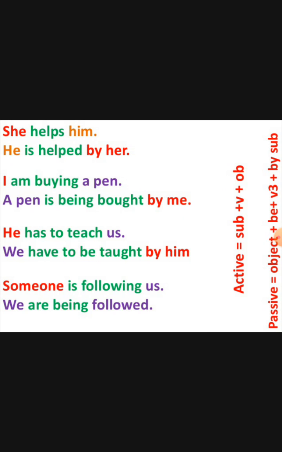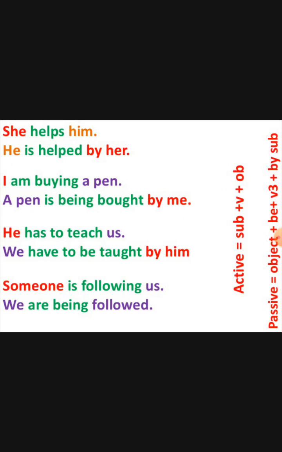Is will be used here because now our subject exactly is singular, and because this sentence is in the continuous form, what we have to do? We have to use ing with that be. So a pen is being, and the third form, past participle of buy, that is bought by me. A pen is being bought by me.